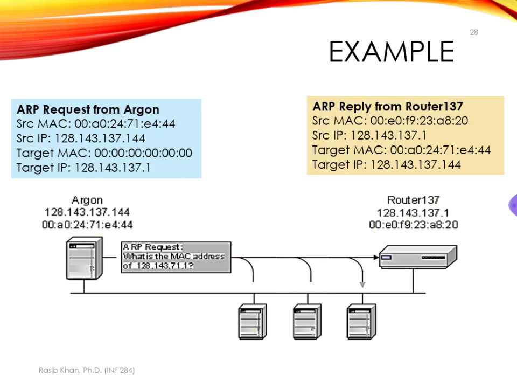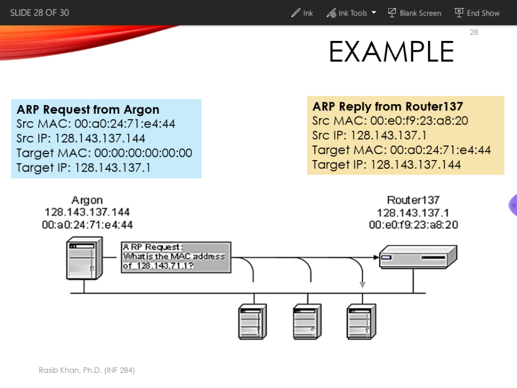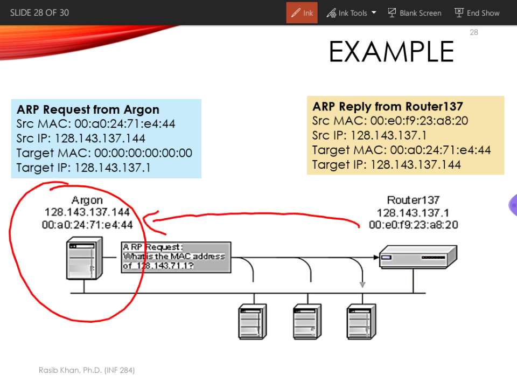So at the end of this protocol, the host, Argon, will get to know the MAC address of router 137.